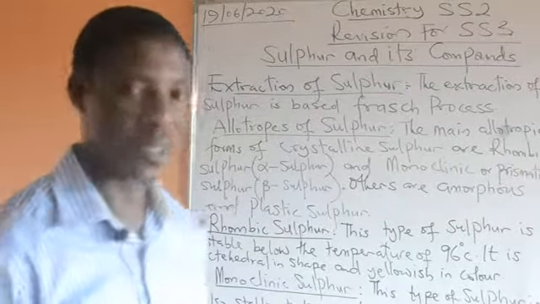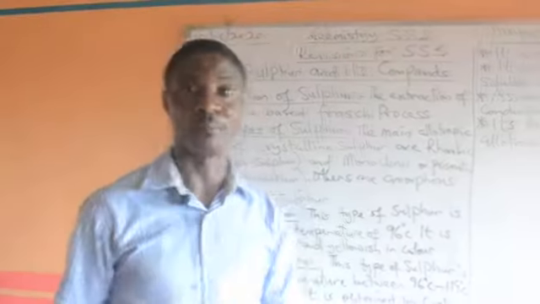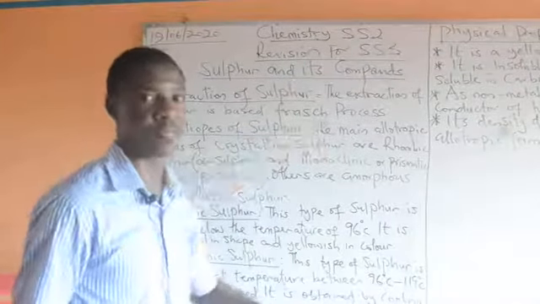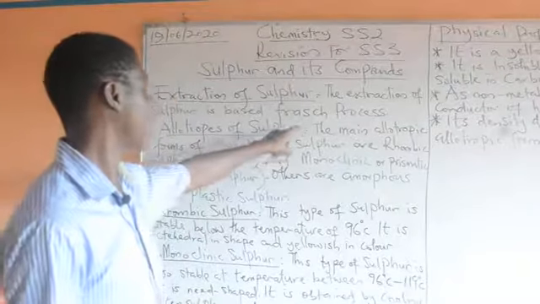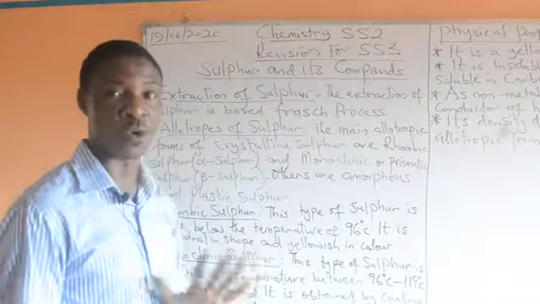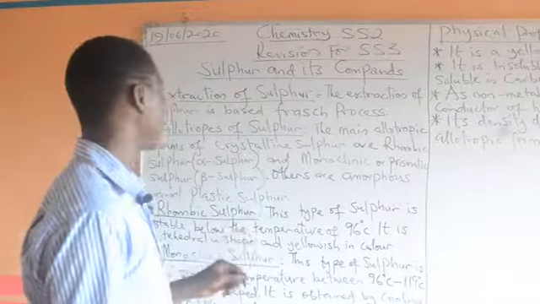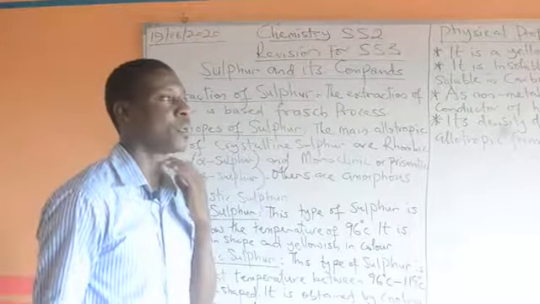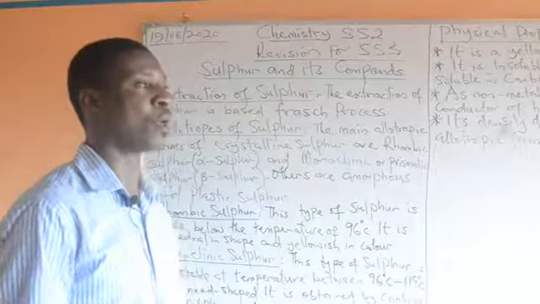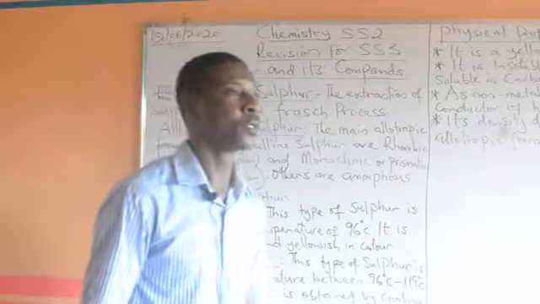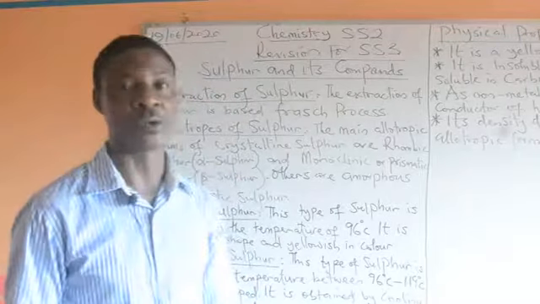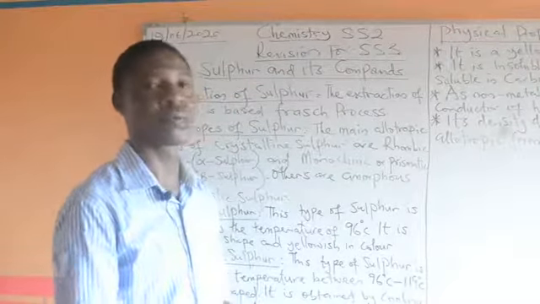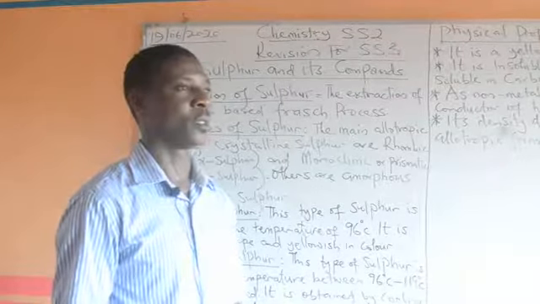Sulfur. The extraction of sulfur is basically by the process called Frasch process. I repeat, the extraction of sulfur is based on the Frasch process. The Frasch process entails that you bore a hole, you drill a hole straight down to the earth crust, where you will find what we call the sulfur bed.